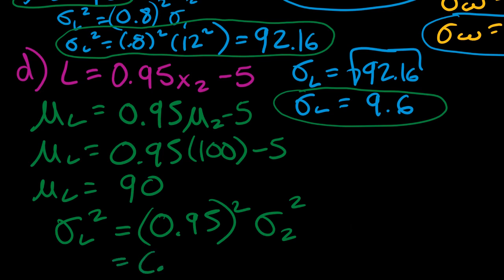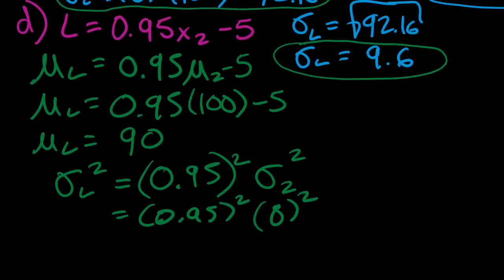All right. What is sigma 2? What is the variance of the x2 variable? Let's see, 8 squared. Okay. So 0.95 squared times 8 squared is 57.76. Okay, so that's the variance of L.